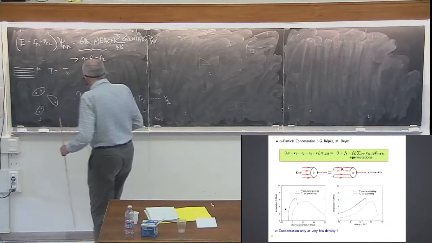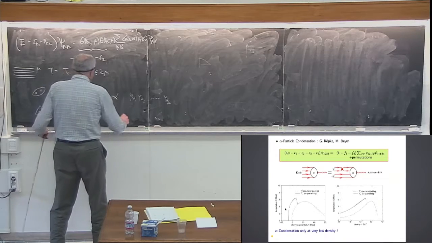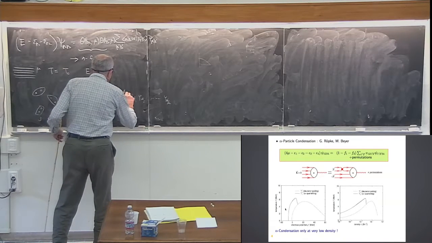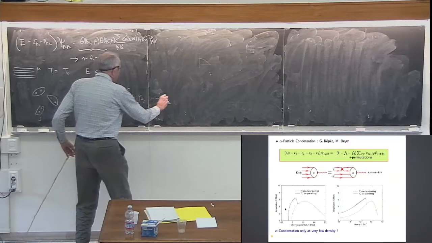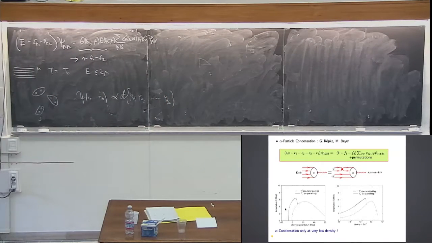Now if you squeeze it, you start to feel the Pauli principle, and you have to put an antisymmetrizer. So it gets a very complicated wave function actually.